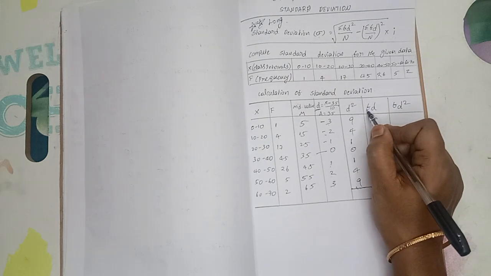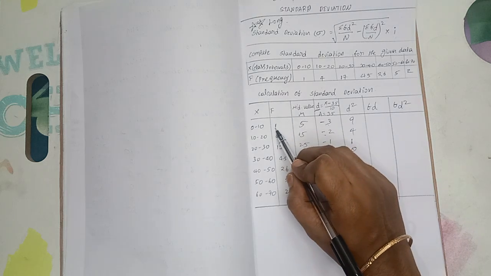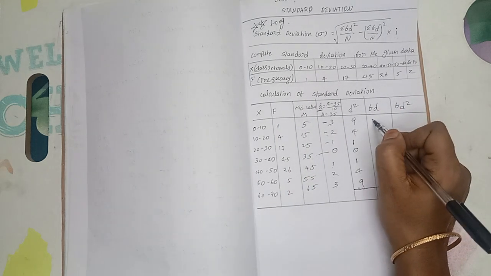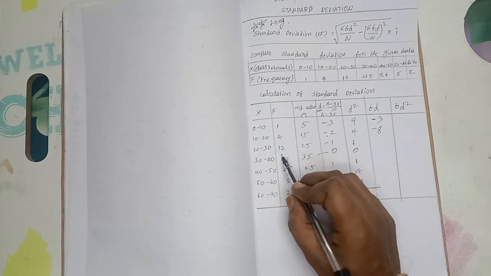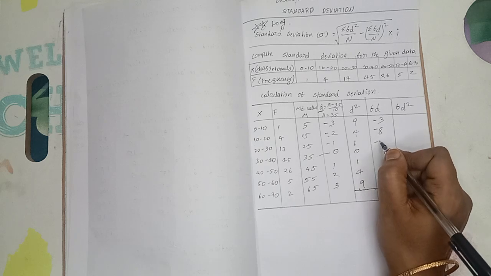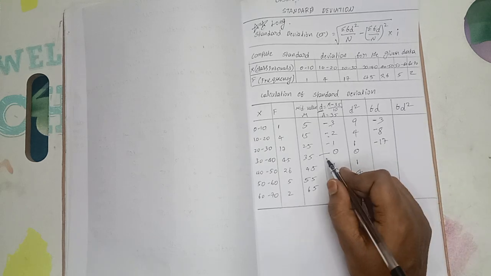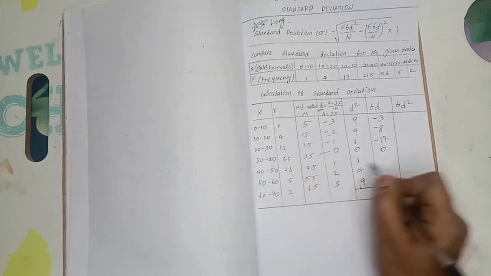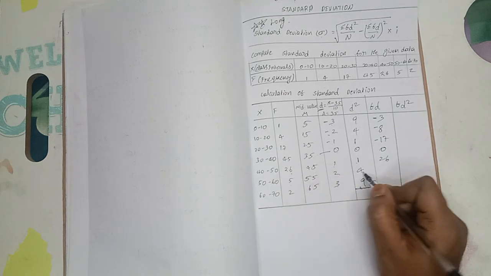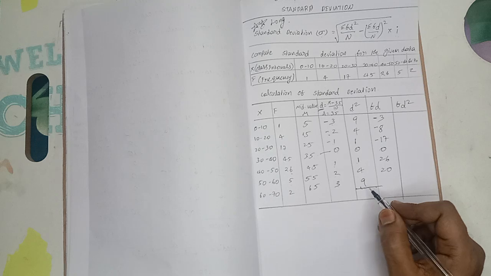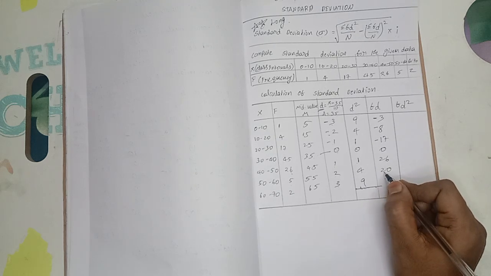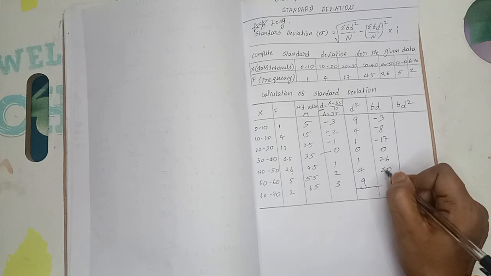Okay, now no need of taking the total of d square. We have to do f into d, that is frequency into d. That is 1 into minus 3 is minus 3. 4 into minus 2 is minus 8. 7 into minus 1 is minus 7. 0 multiplied with any number is 0. 26 into 1 is 26. 5 into 2 is 10.